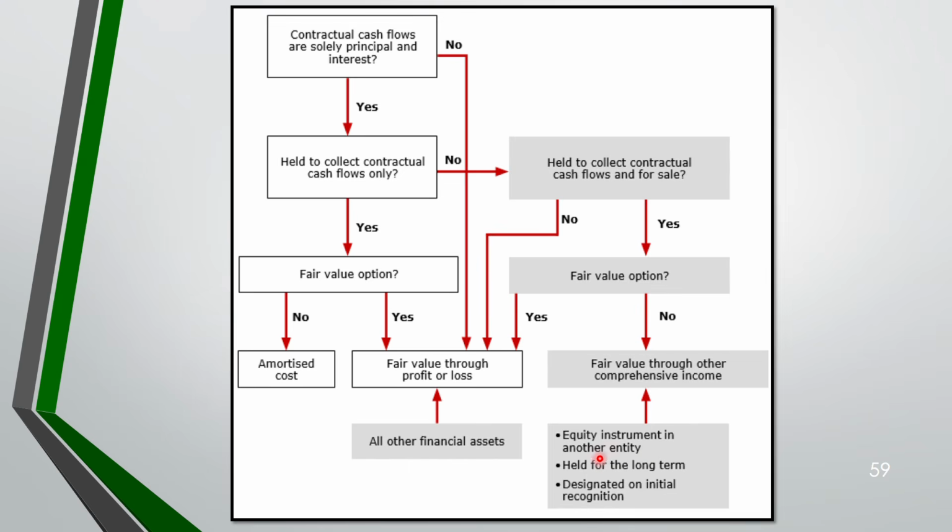Because we have equity investment also here. See, debt investment no issue, but equity investment also we have in this category. You can make an election, even if they are classifying as amortized or OCI, for your equity investment to go through OCI, or that you're holding for long term or designated on initial recognition.